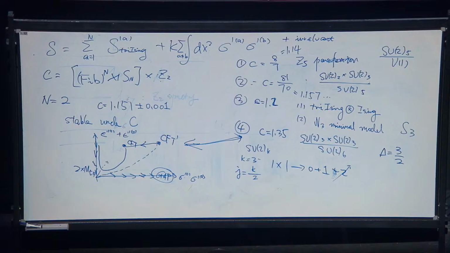Okay, so let's move on to the lattice description. So, lattice model. My local Hilbert space is given by plus or minus. It's like spin up, spin down.